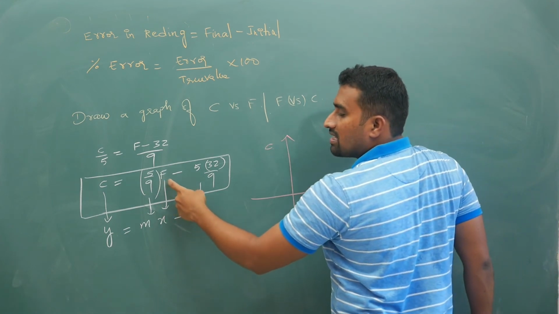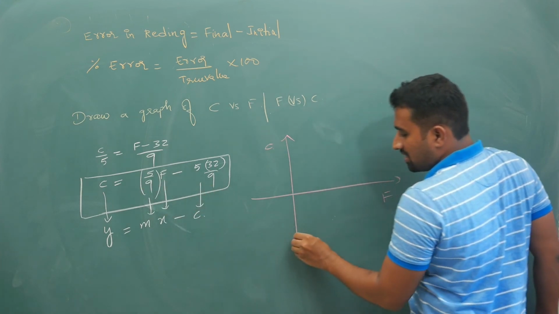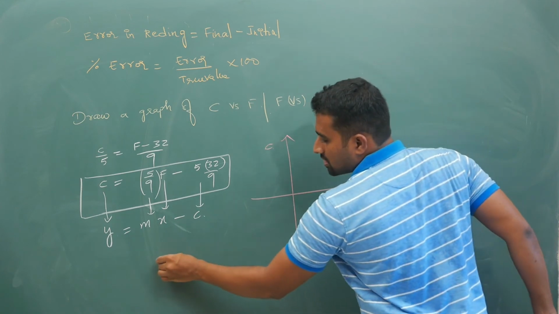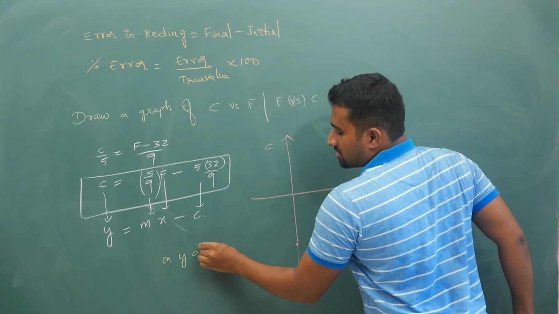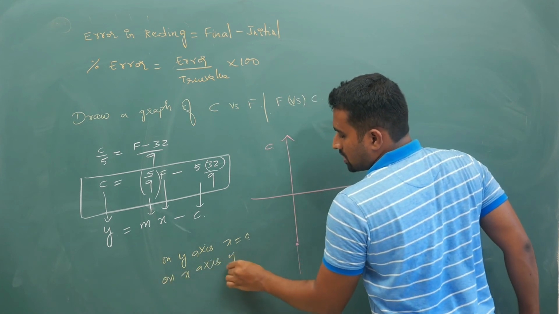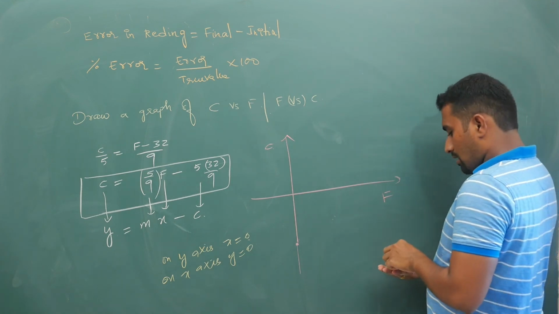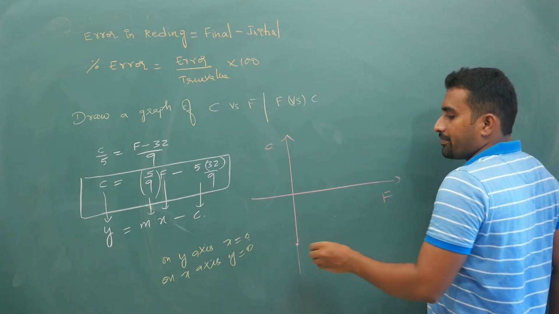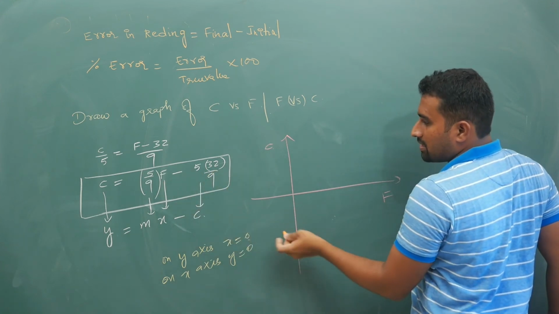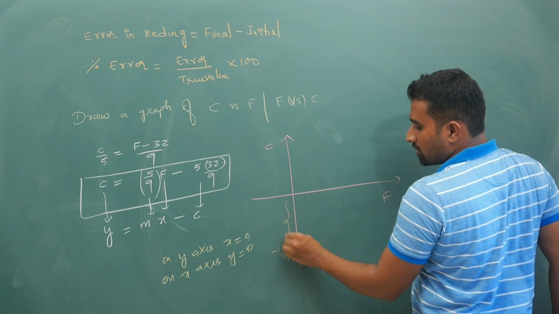Now if you substitute F equal to 0, you will get the value of C. When F is 0, C is minus 5 times 32 by 9, that means minus 160 by 9.